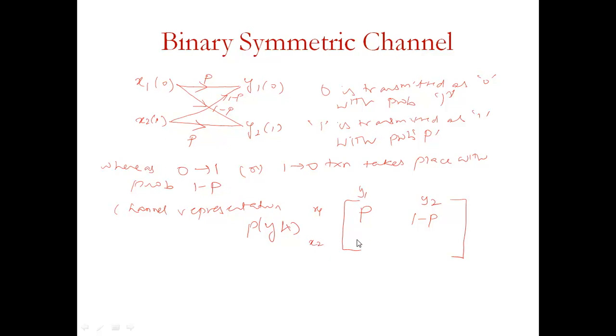Similarly, x2 to y1 is 1 minus p, and x2 to y2 is also p. So you can see this is the channel representation. So you understood now what the binary symmetric channel is.